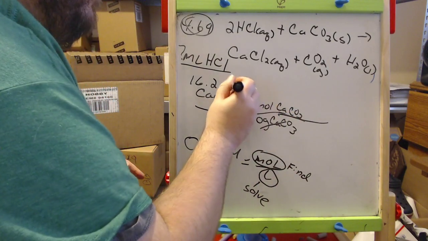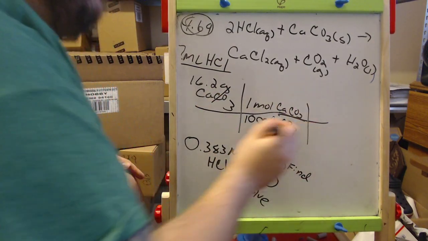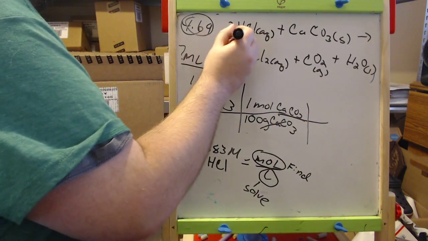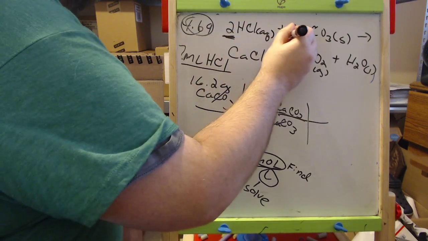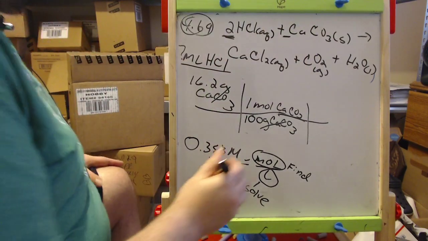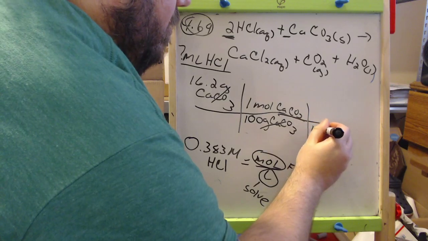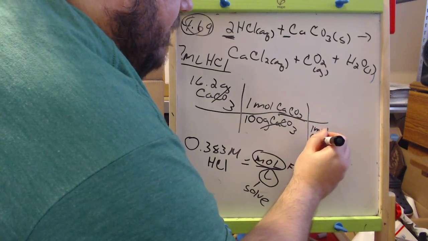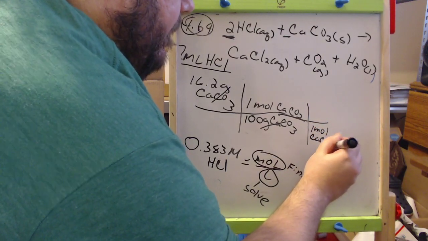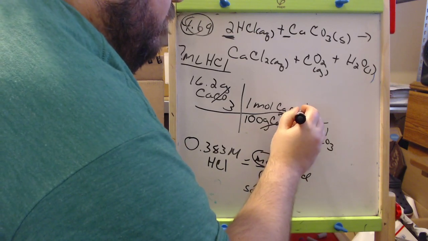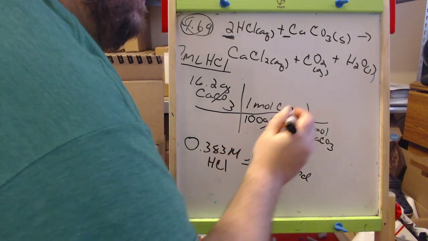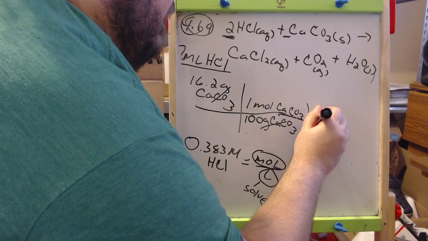Grams cancel out. Now, I want moles of HCl. Here's my mole ratio, 2 to 1. The one's assumed there. So for every 1 mole of the calcium carbonate, I get out 2 moles of HCl.